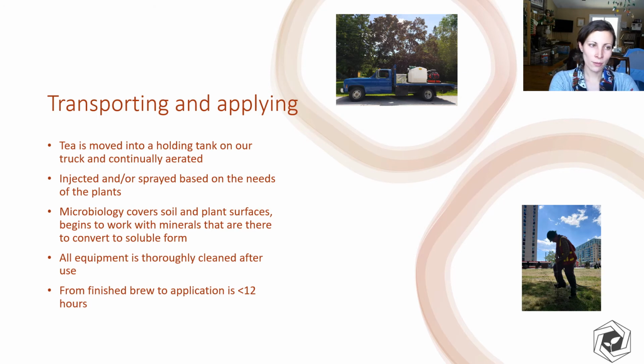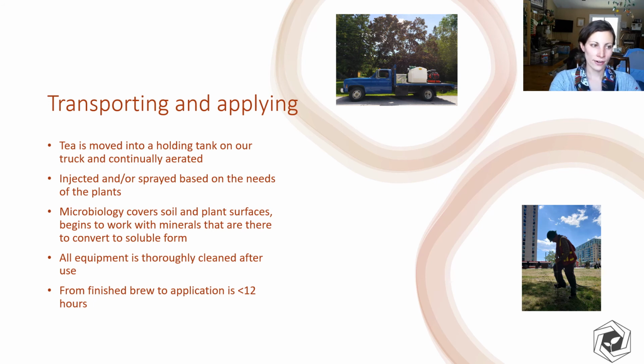So once we've made our compost tea, we transport it and apply it to where it is needed. We move the tea into the holding tank on the back of our truck where it is continually aerated. And we move quickly because we don't want the hot summer sun to heat up the liquid so much that, again, you lose oxygen and it becomes anaerobic.